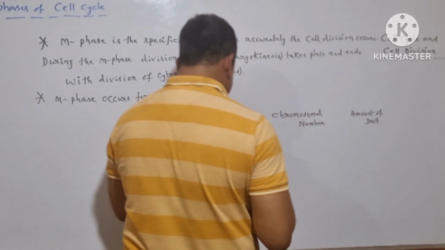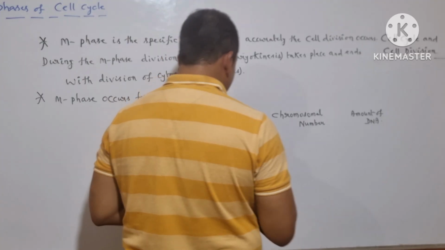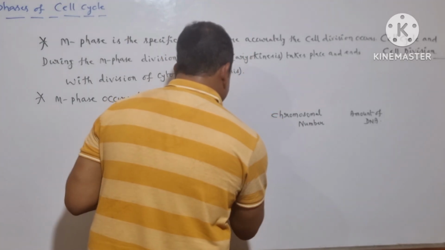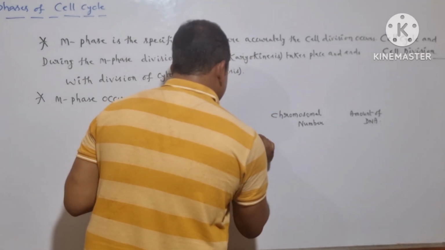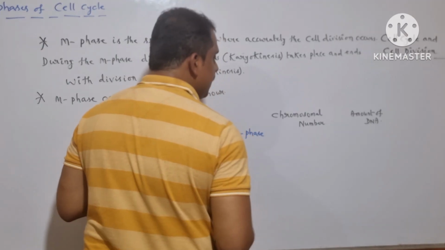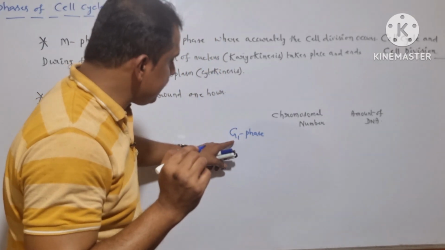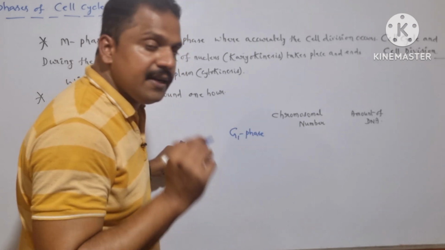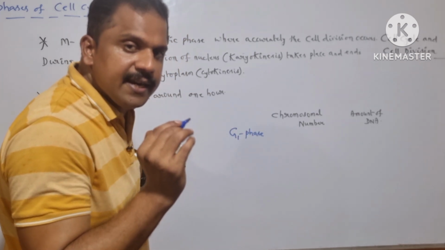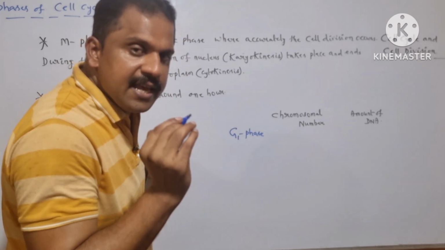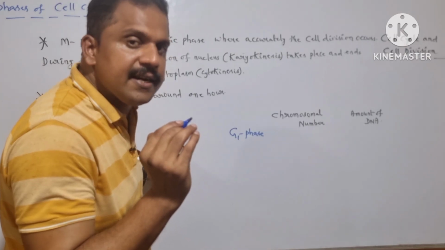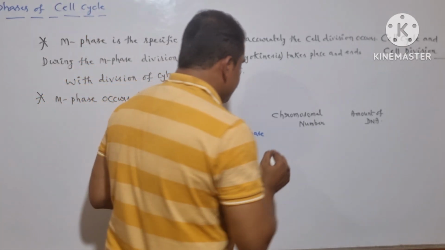So during the G1 phase, the chromosomal number is denoted as 2n. Is it clear? During the G1 phase, the chromosomal number is indicated as 2n, whereas the amount of DNA is indicated as 2c. So let me write it here.